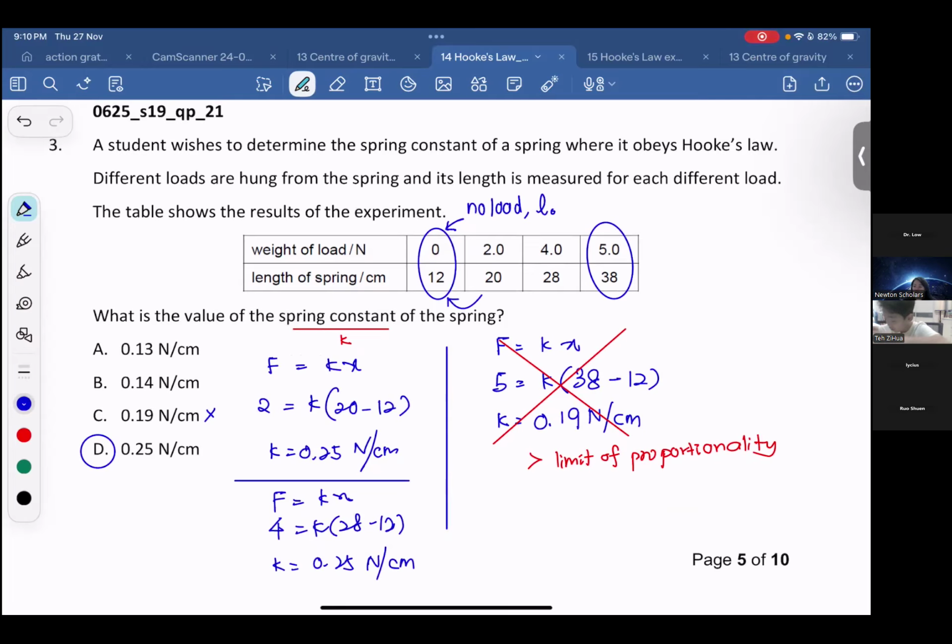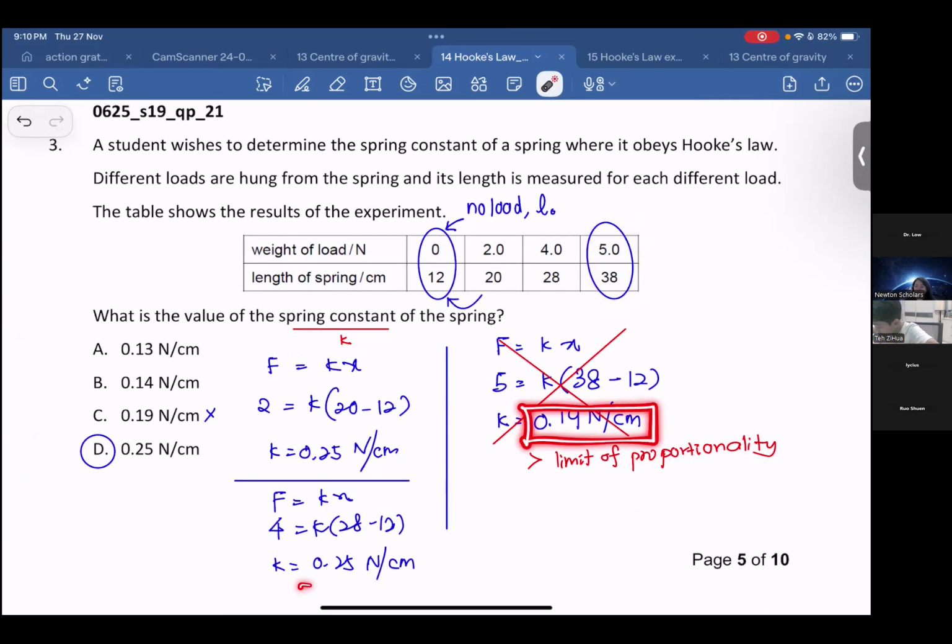But when I use 5 Newton, it didn't give back 0.25, because that load already spoiled the spring. So the safe way is to use small loads to do the calculation for the spring. Is that clear? The answer is D.